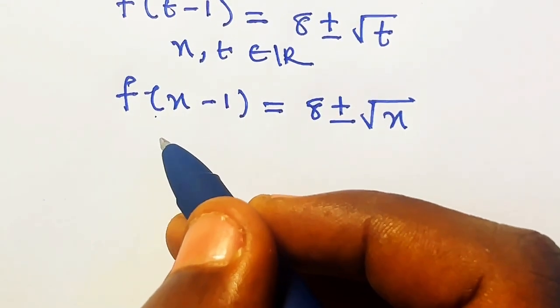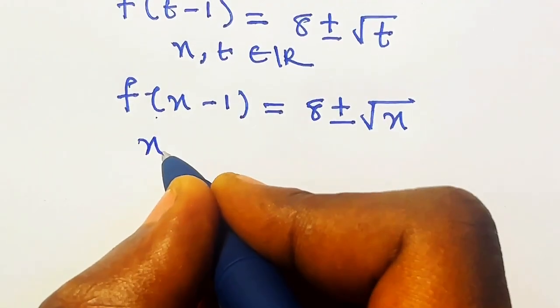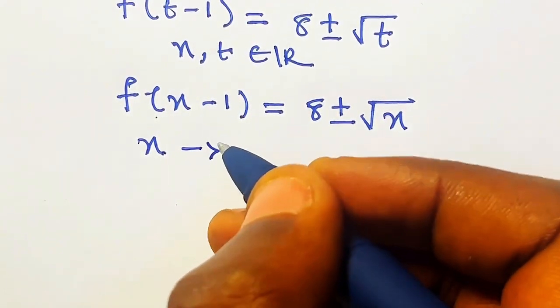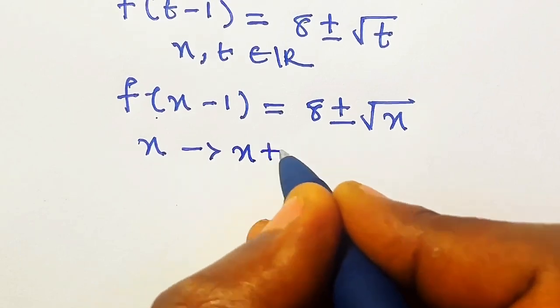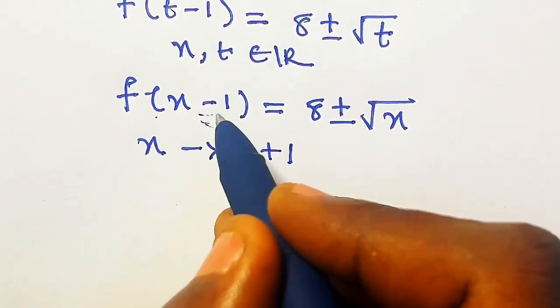So now what we are going to do is we change x to x plus 1, so that this gives us our f of x.